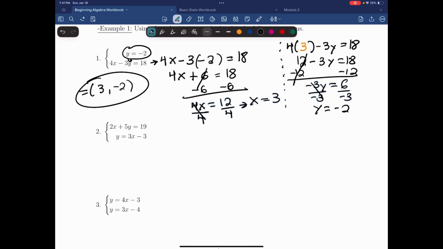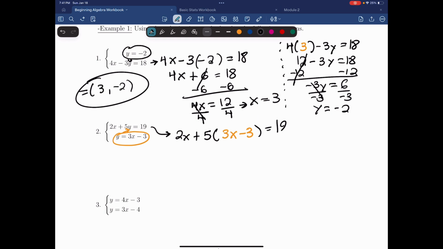So I'm going to plug in y into this equation. So we're going to get 2x plus 5 times y, which is 3x minus 3. And I'm going to set that equal to 19.